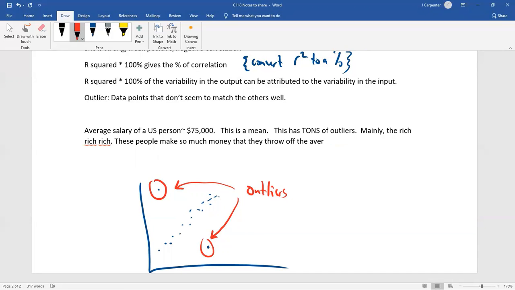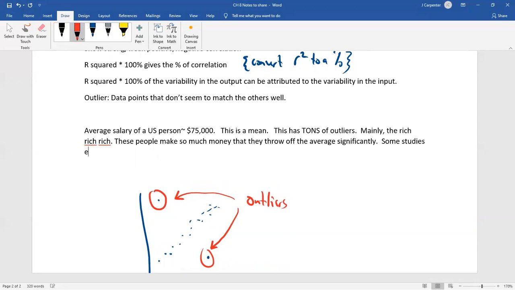Some studies exclude the top 1%, possibly bottom 1% as well, to make equal cuts, to get a more relevant number, to be in the 45 to 50 ballpark.